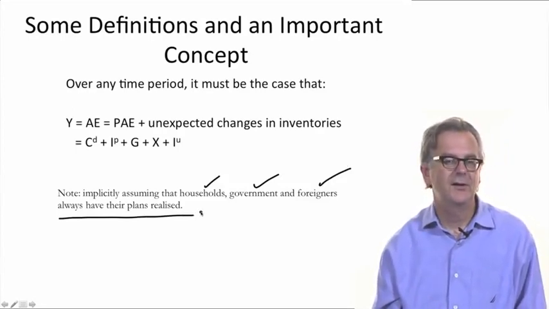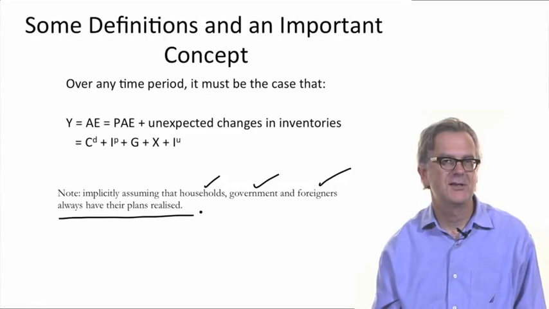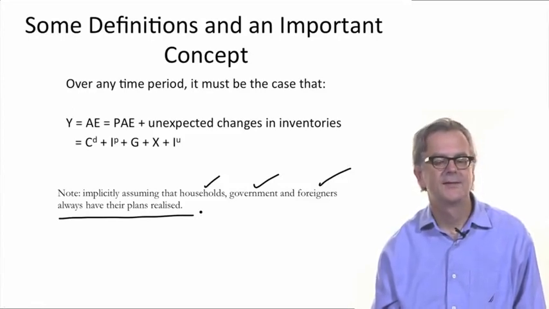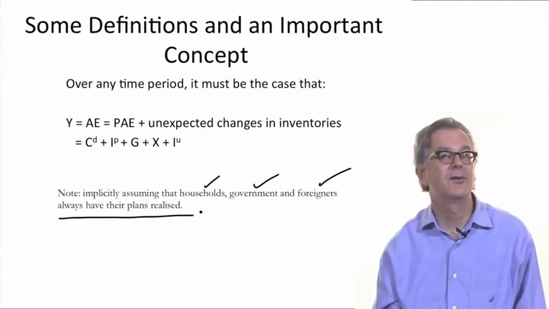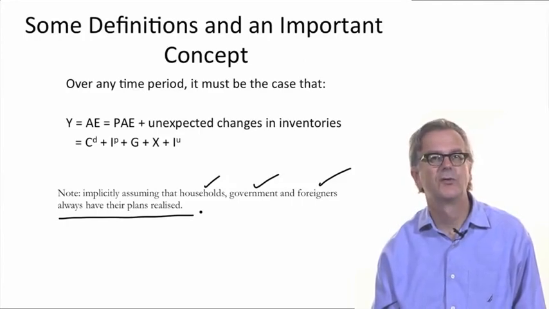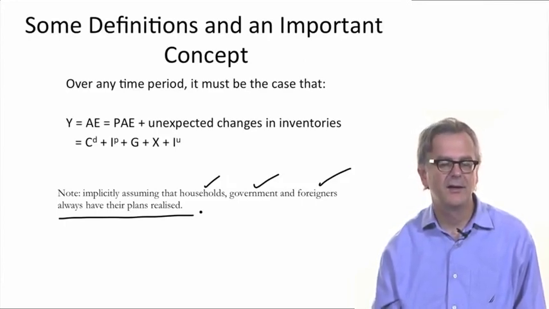So the only sector in the economy for which this isn't true is going to be the firm sector, and the sense in which that is not true for firms relates to the possibility that there are unexpected inventory changes caused by production and planned aggregate expenditure not necessarily being aligned.